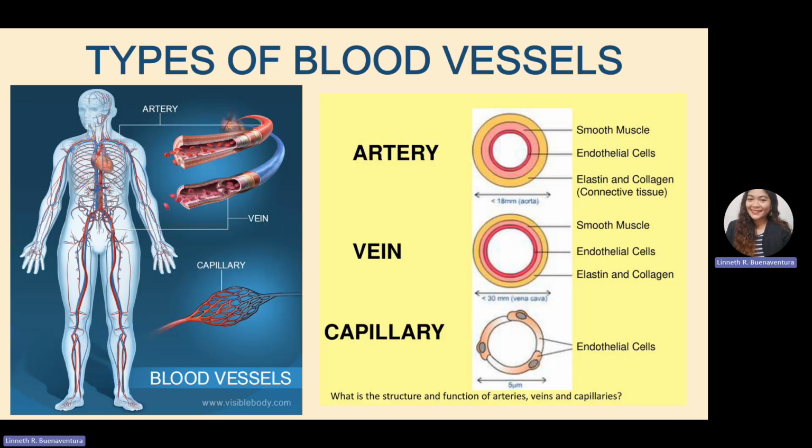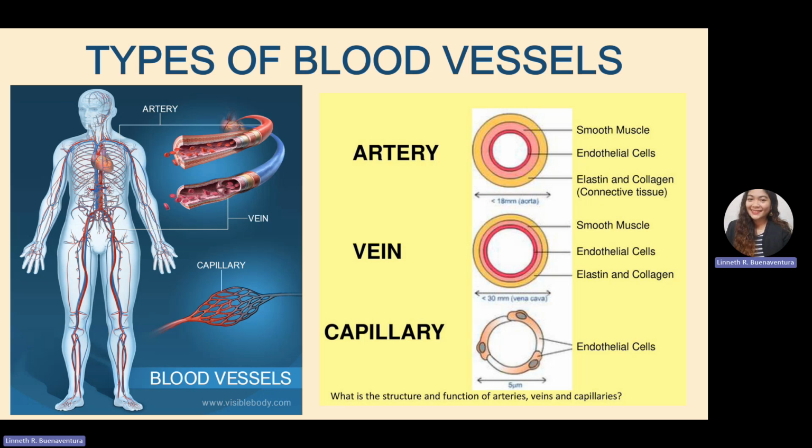Okay, so these are the similarities and differences between the capillaries, veins, and arteries. As you can observe, the artery has the thickest layer, followed by veins, and the thinnest is the capillary because it is the smallest.